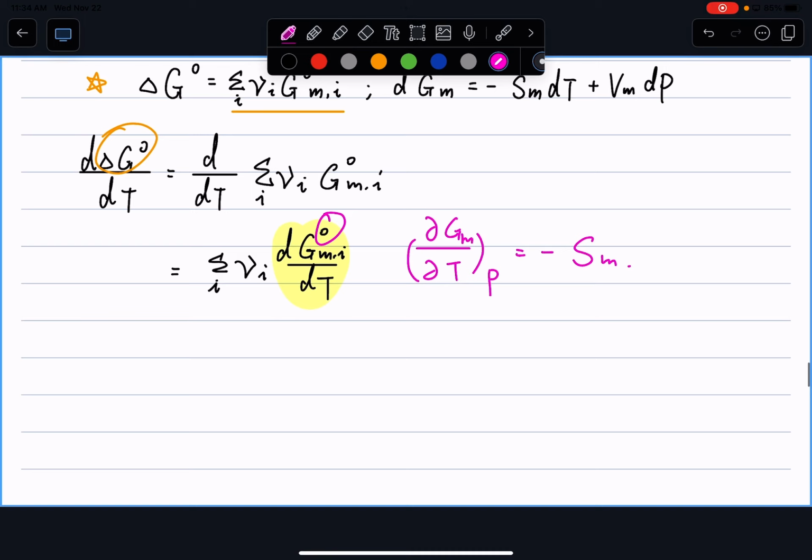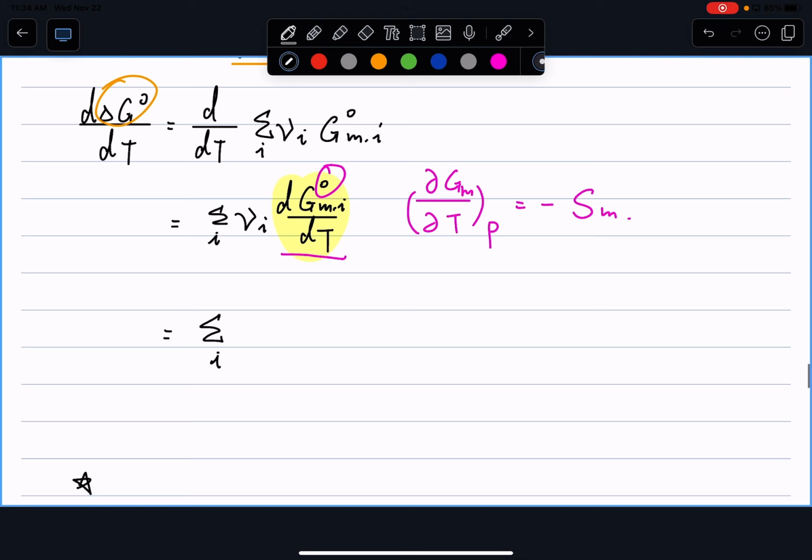What that tells us is this term just becomes negative S naught, or the molar entropy of your species of interest. So this entire summation thus becomes the negative standard molar entropy of that species i.